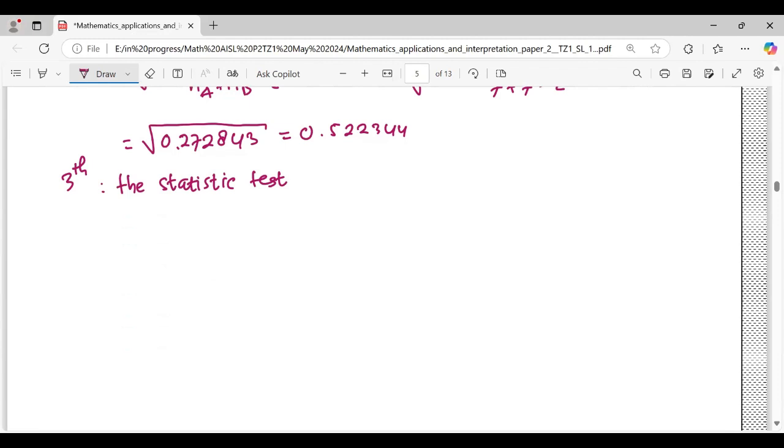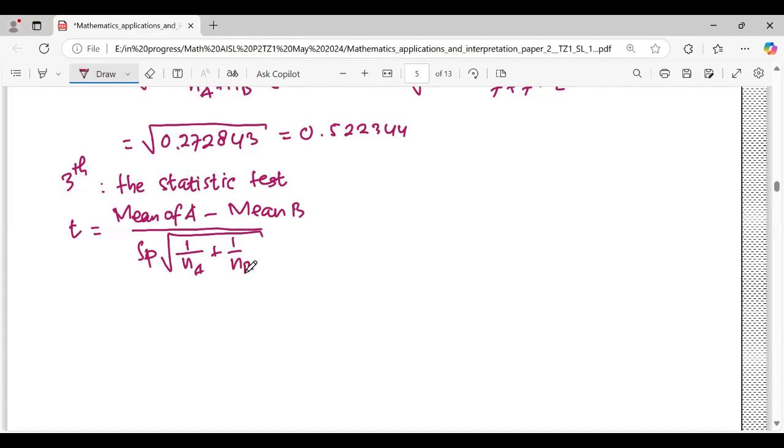And the formula is T equals mean of A minus mean of B, over the pooled standard deviation times the square root of 1 over nA plus 1 over nB.